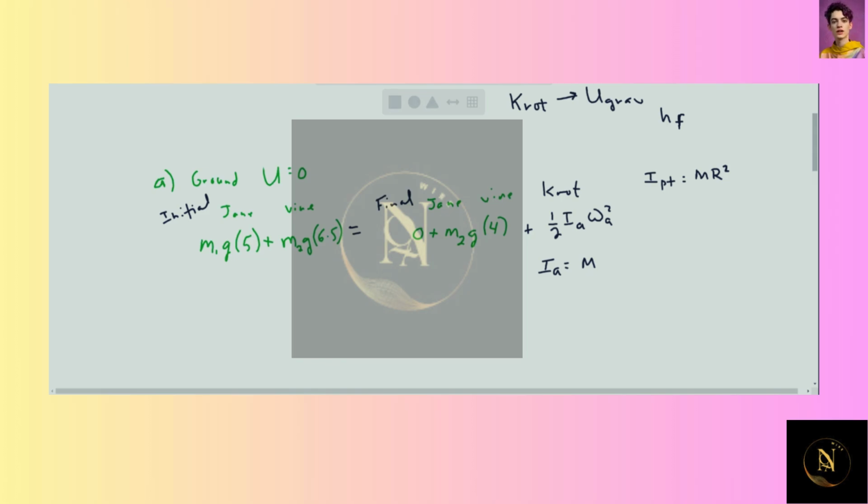So for our situation, we have an mr squared for Jane. She is 8 meters from the point of support at all times. She is not climbing the rope. So we'll put Jane down as 60 kilograms times 8 squared.